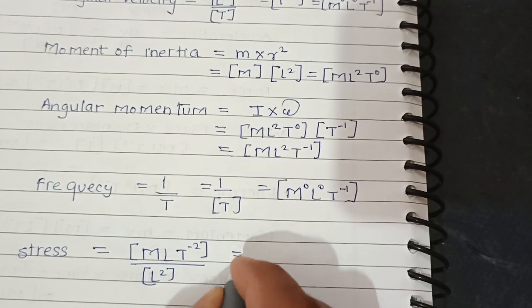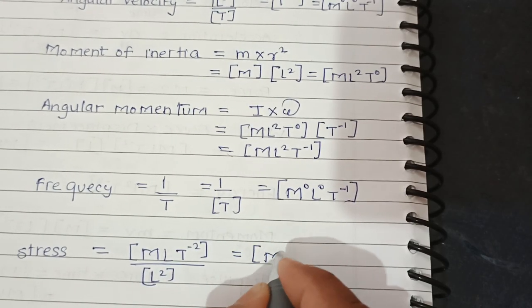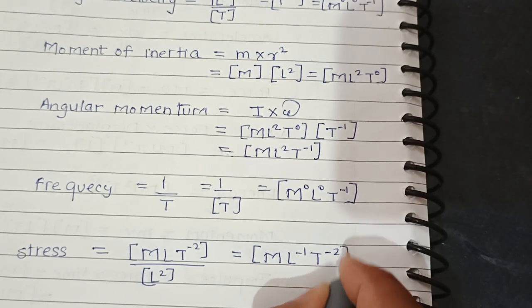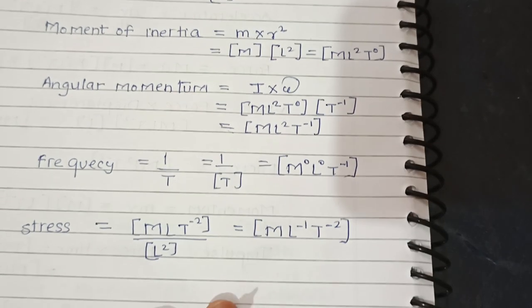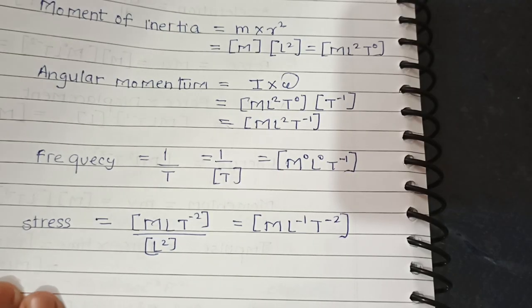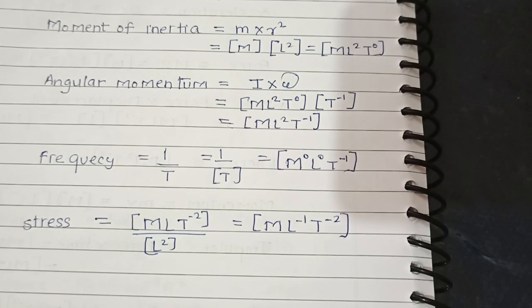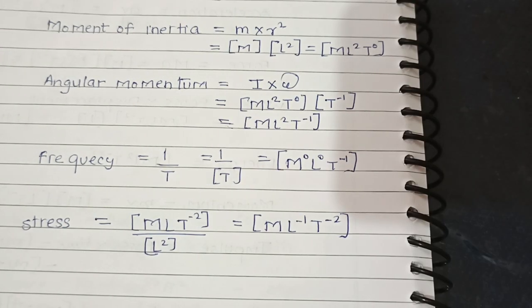So that is M L to the power minus 1 T to the power minus 2. Strain has no dimension.